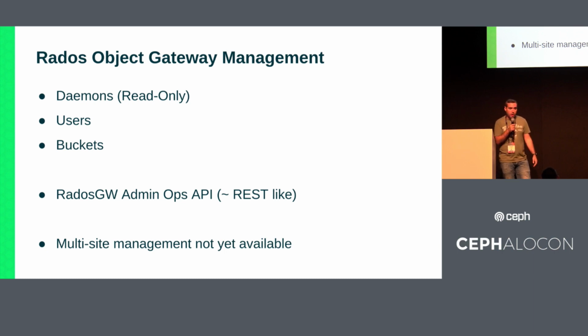And you are also able to manage buckets, so you can create buckets, delete buckets, and set some bucket properties. The management is done using the RGW admin ops API, which is a REST-like API. And multi-site management is not available.